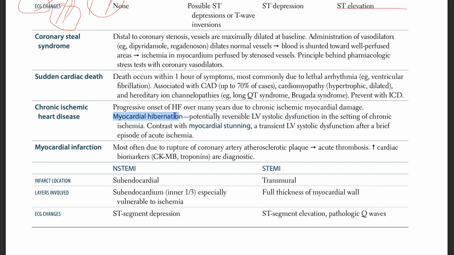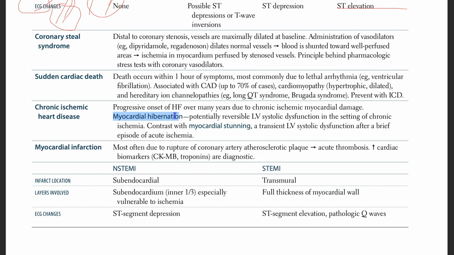So they'll give you a question about a person who's suffering from progressive onset of heart failure, and initially when they were tested, or a biopsy was done, the cardiac cells had a dysfunction, but after like 2 months they started functioning normally. So what is this concept called?